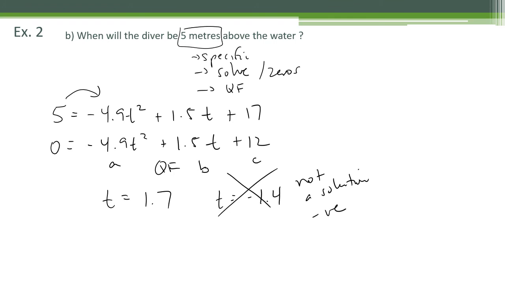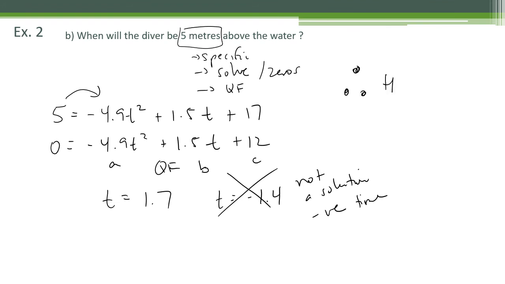Can't have negative time. So that means it's 5 meters above the water at 1.7 seconds. Based off our little sketch before, that makes sense because if it hits the water at 2 seconds, slightly before that, at 1.7 seconds, it should be above the water. That's kind of a little built-in self-check.